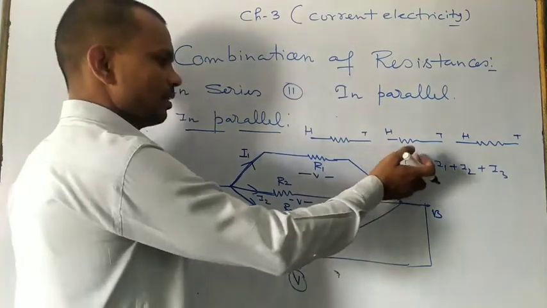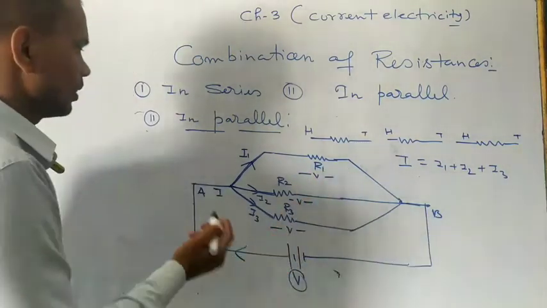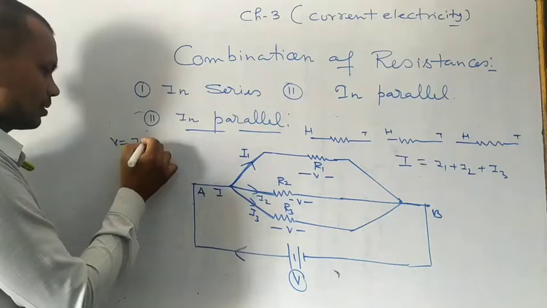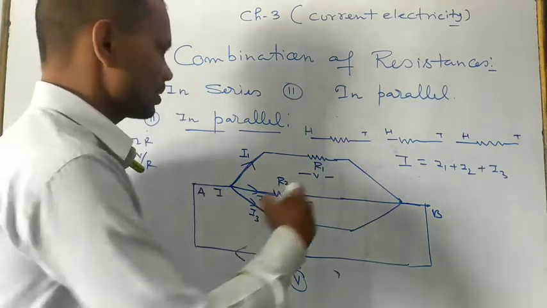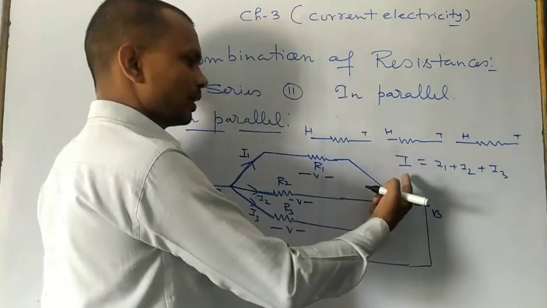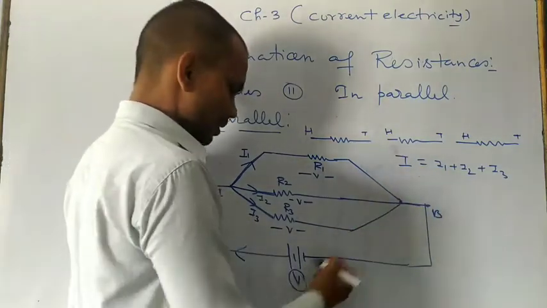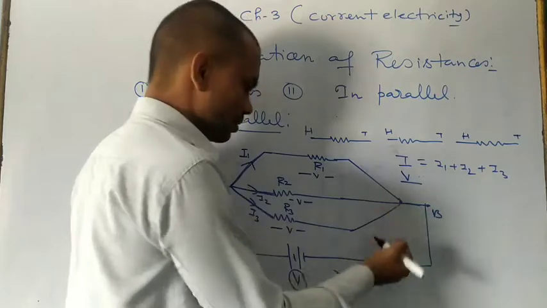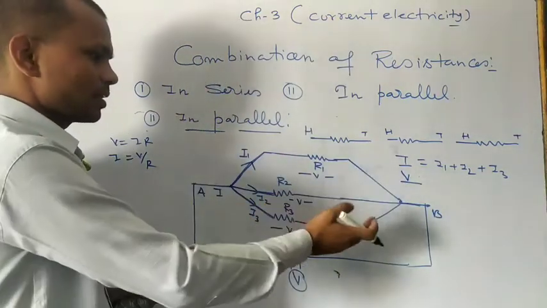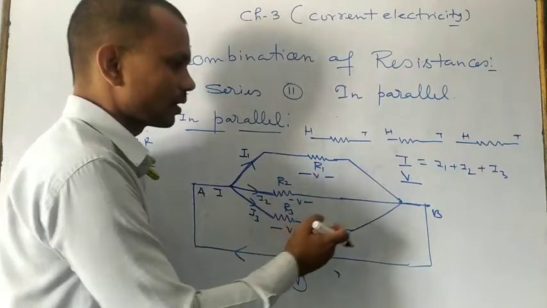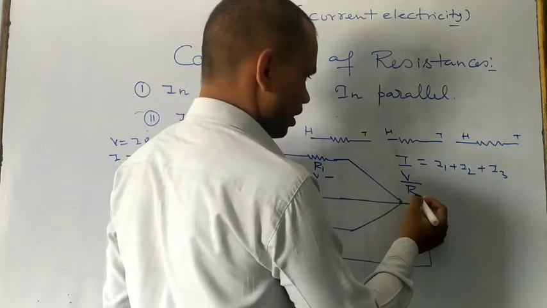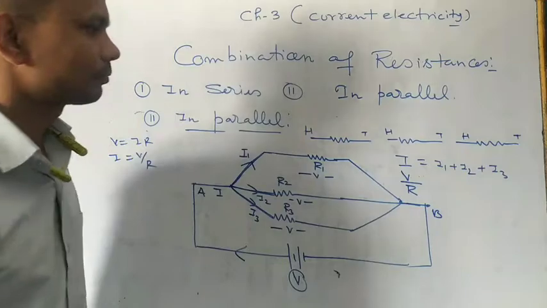Now we know that V equals IR by Ohm's law, so I equals V by R. Suppose this is the total current, so for total current the potential difference is V, and suppose the total resistance offered by this circuit, the equivalent resistance of R1, R2, R3, is R equivalent.